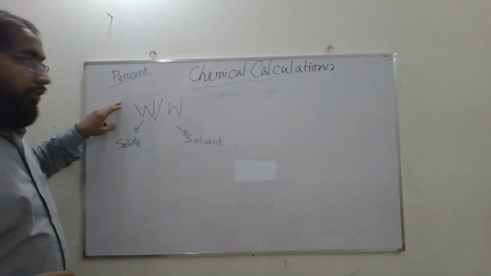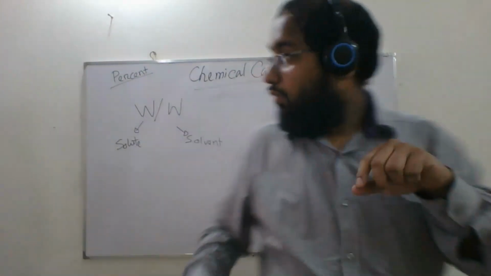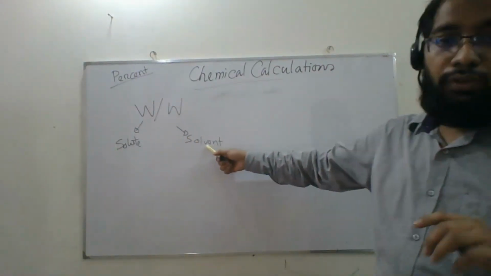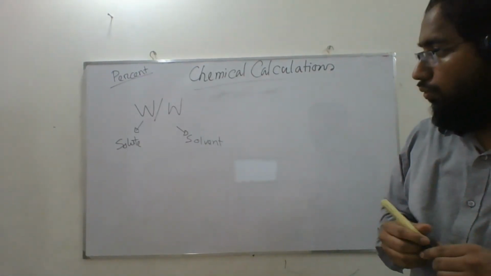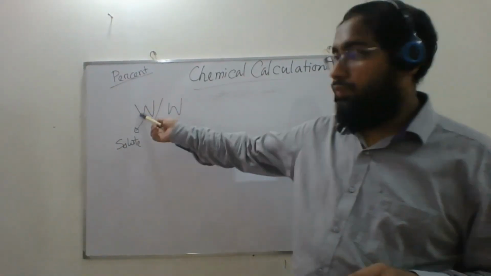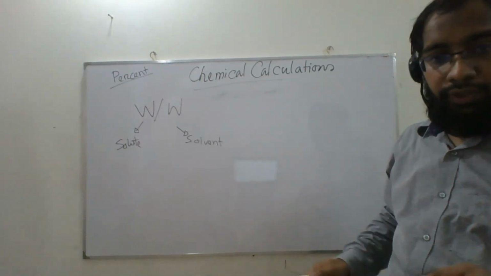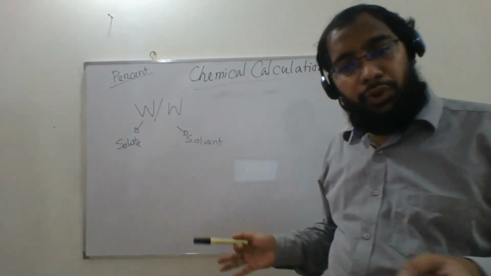If we use weight of the solute and weight of the solvent, then do the percent composition, then this is weight by weight. If you use weight of the solute and volume of the solvent, then make the percent composition, then this is weight by volume.